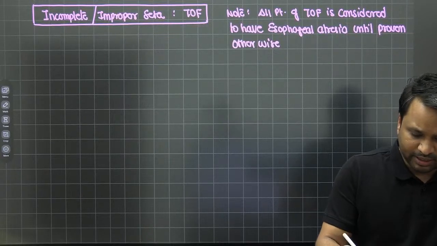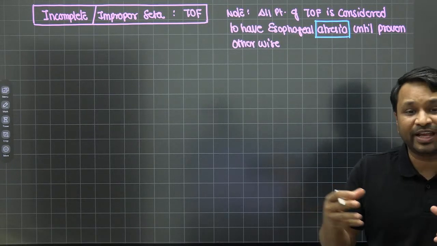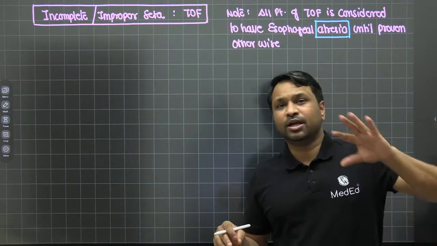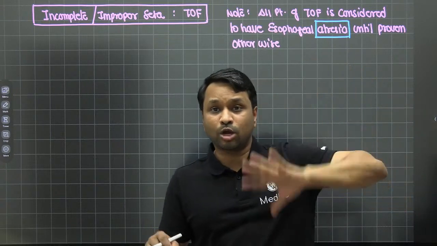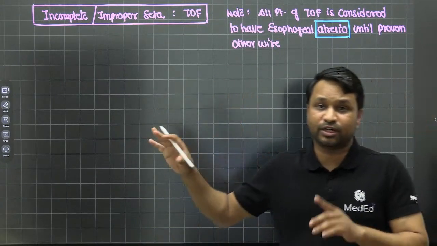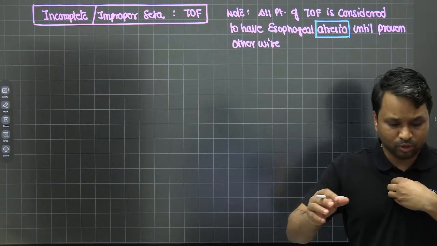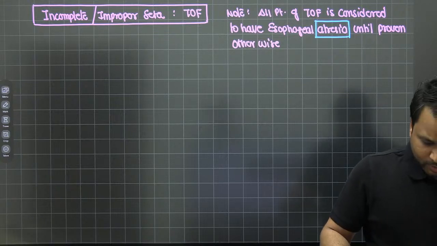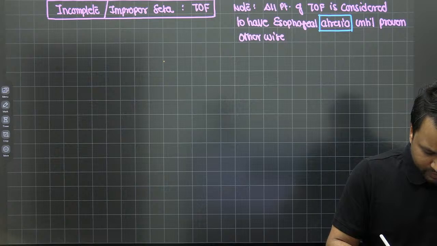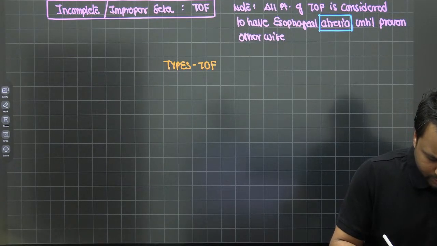When I say the word atresia, it is an incomplete or improper channelization between two lumens. It fails to form a continuity. Now, that can be because of an improper septation. So all patients who have a tracheoesophageal fistula will be considered to have esophageal atresia unless proven otherwise, right? This is a very, very important concept to understand. Now, based upon this, we have different types of the tracheoesophageal fistula. So let's talk about the various types of the tracheoesophageal fistula.